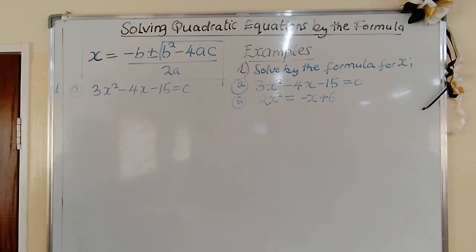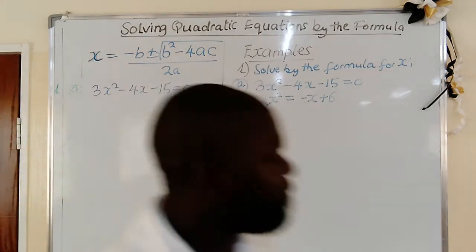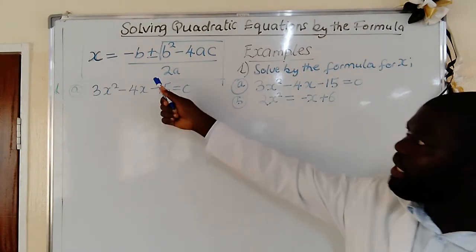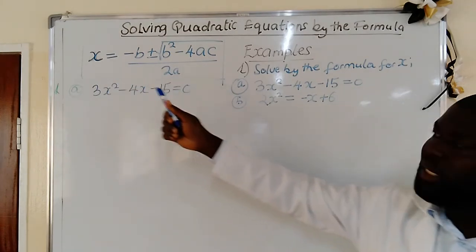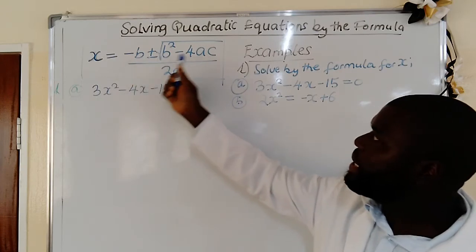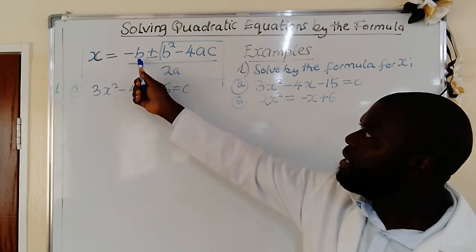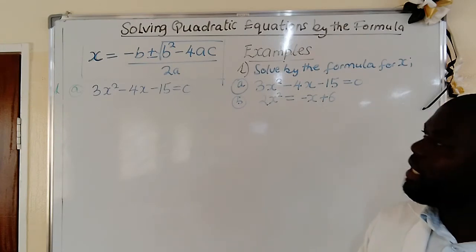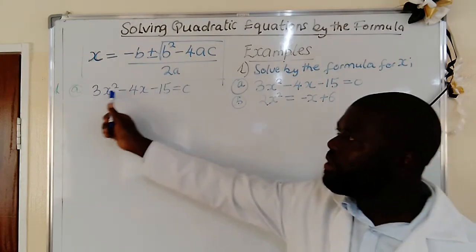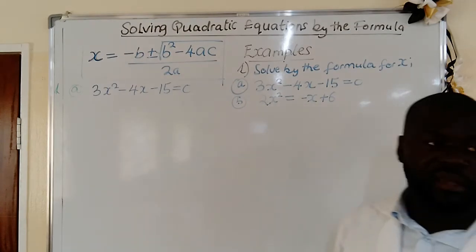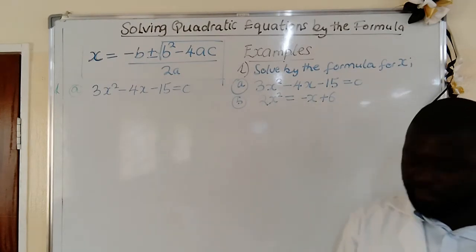Now, the way we solve by using the formula, you can see in the formula there are these quantities that we should know: a, b, and c. Whenever you are given a quadratic equation like this one, you need to know the values of a, b, and c.